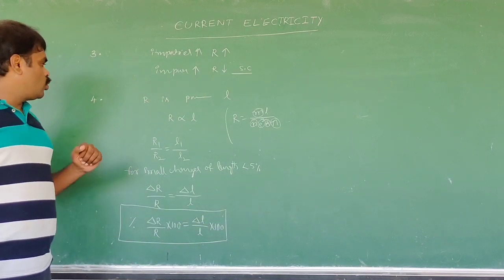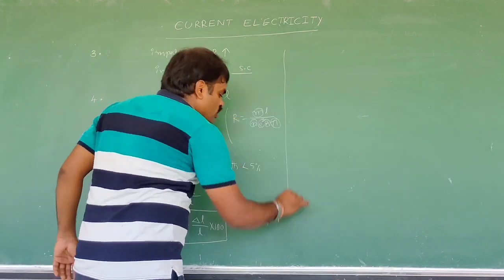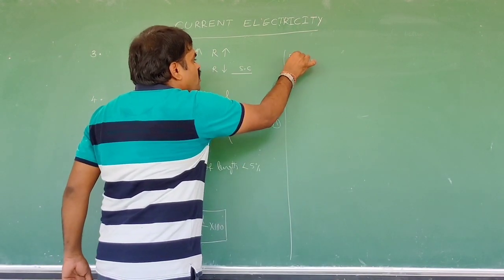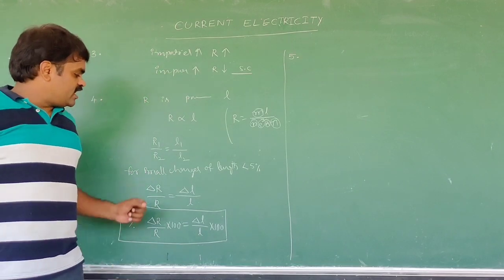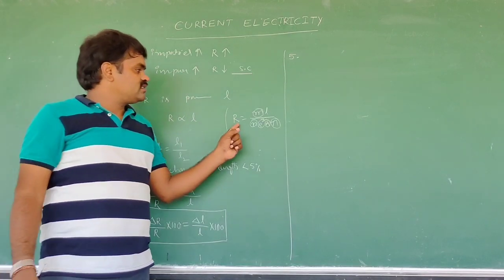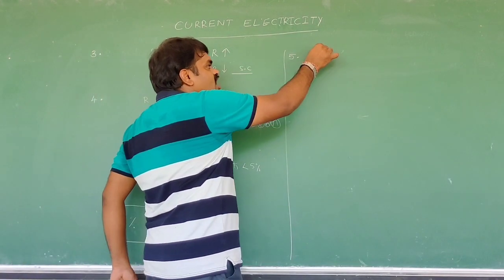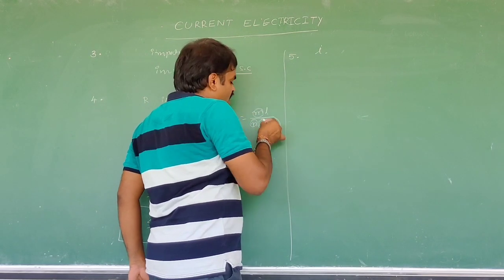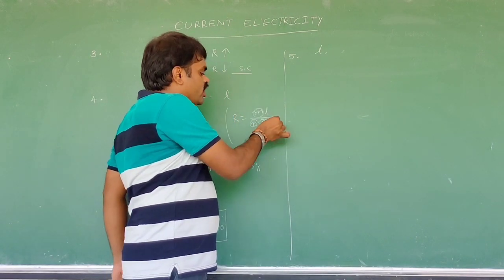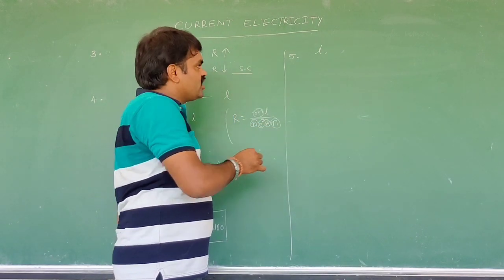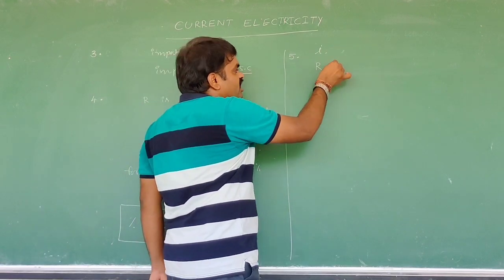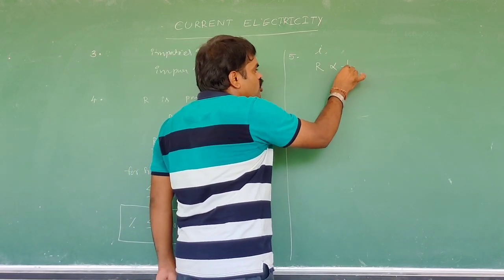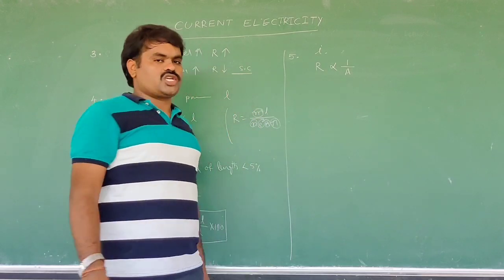And now going to the fifth one. Here the resistance of a conductor of length L is constant, and n, e², τ are constant, then the resistance of a conductor is inversely proportional to the area of cross section.